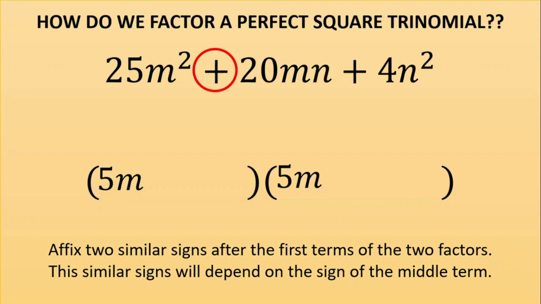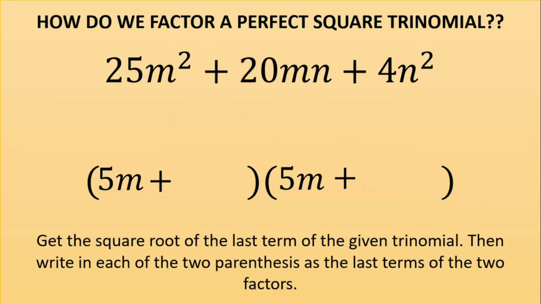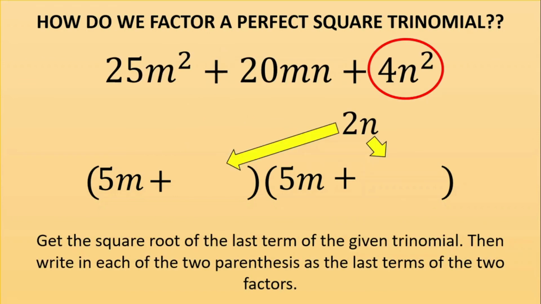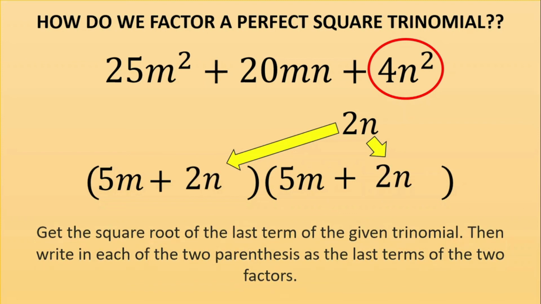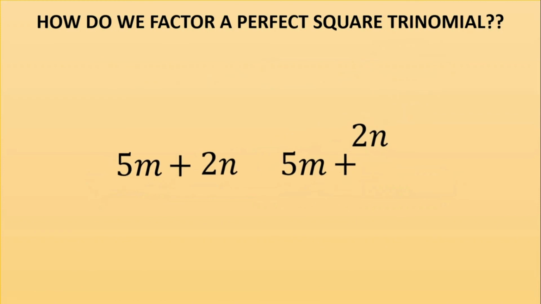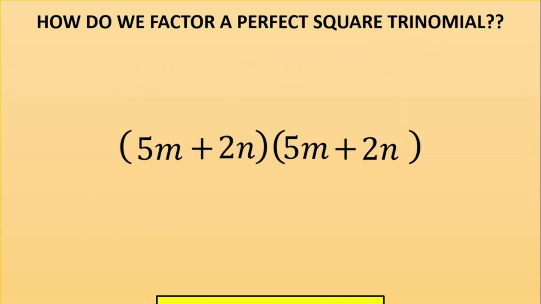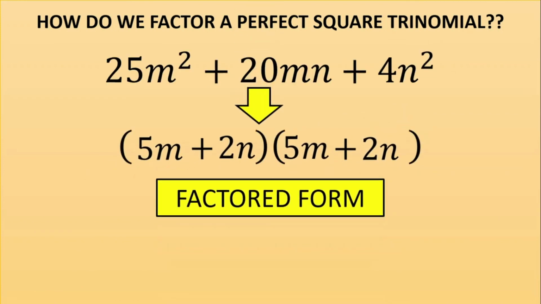So the two signs are positive signs since the middle term has a plus sign. For the last step, get the square root of 4n squared, that is 2n, then write it in each of the two parentheses. So the factored form of the given trinomial is (5m plus 2n) times (5m plus 2n).